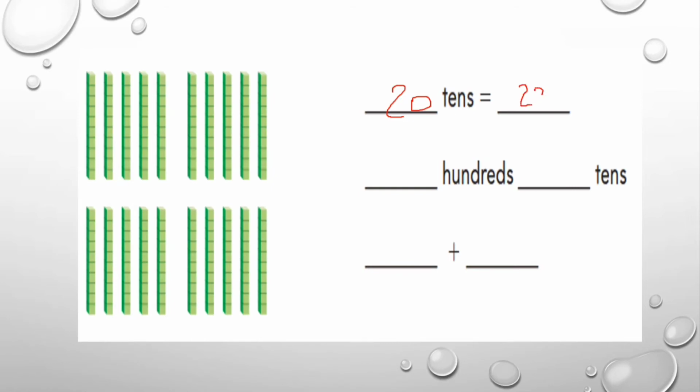So here we have 200, okay? And what about the tens? It will be 0. We don't have anything. It's just 200. So if I want to write it as 2 hundreds and tens, that will be 200 and 0. Or you can write it like that, 100 plus 100. It's up to you, okay?